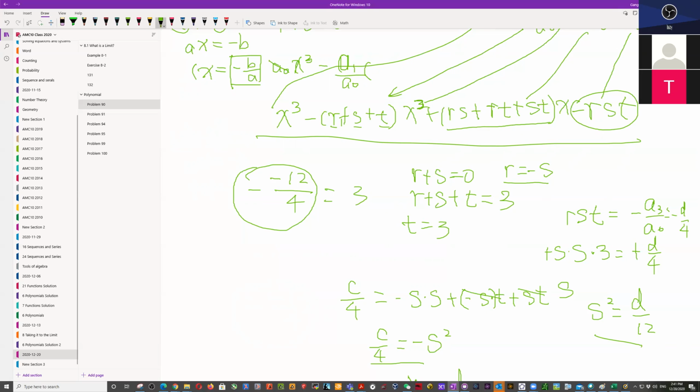So this is just the way you can intuitively remember it. And then it's always starting from negative, so it has a negative.